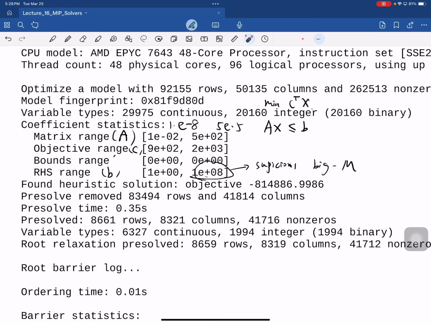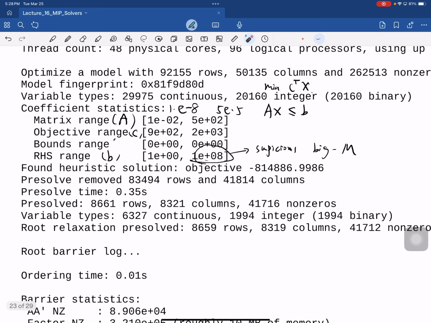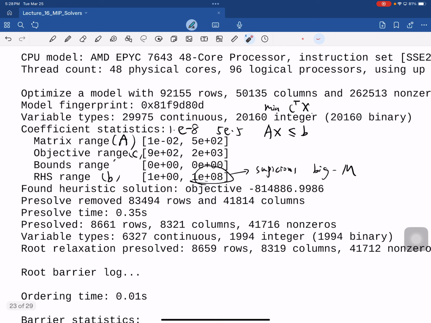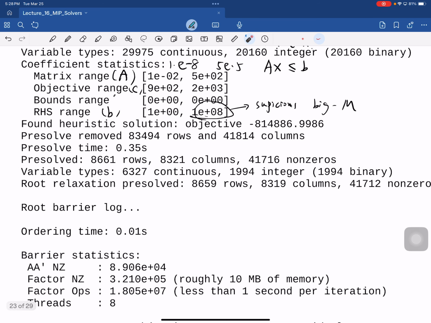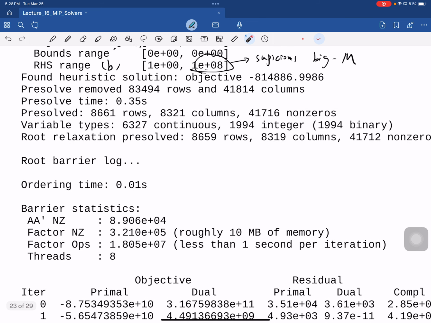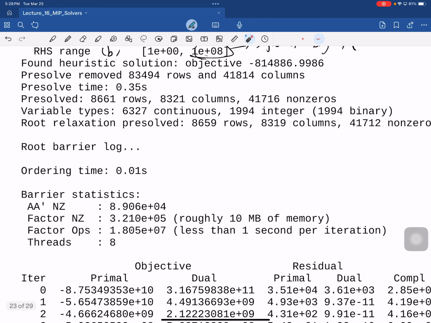Because if you check here, the pre-solved problem is only left with around 2,000 binary variables, right? Initially, we have around 20,000 binary variables, okay? Now, after that, it will run the algorithm to solve the root node relaxation.